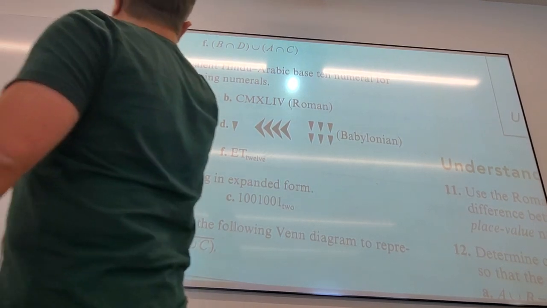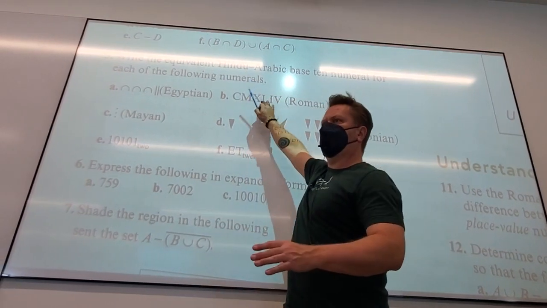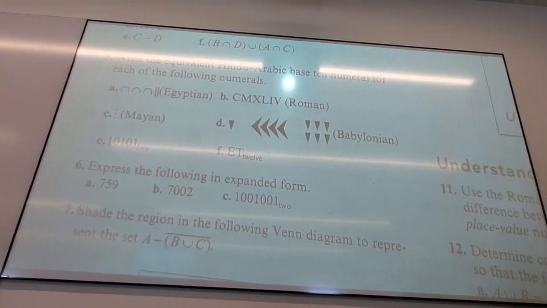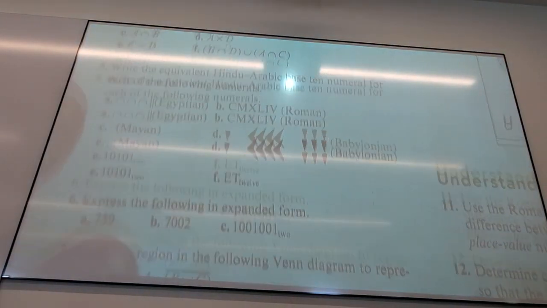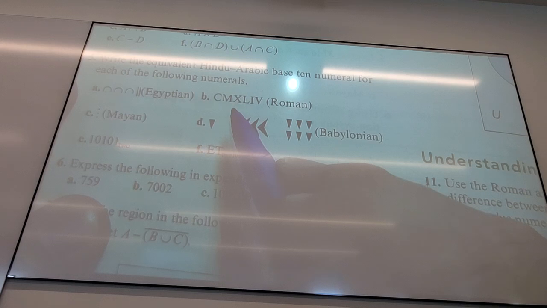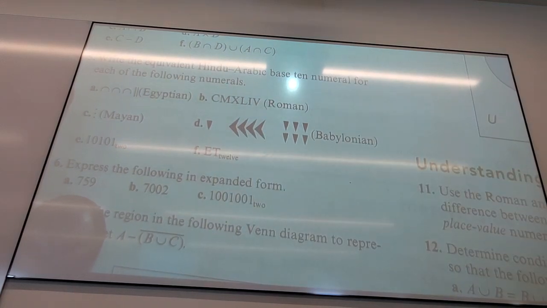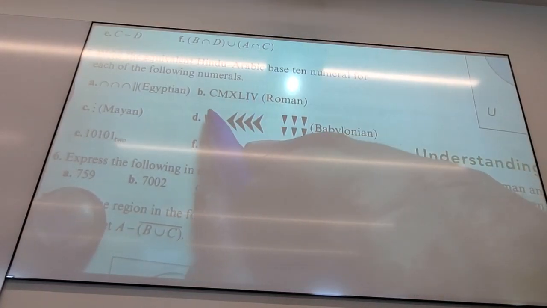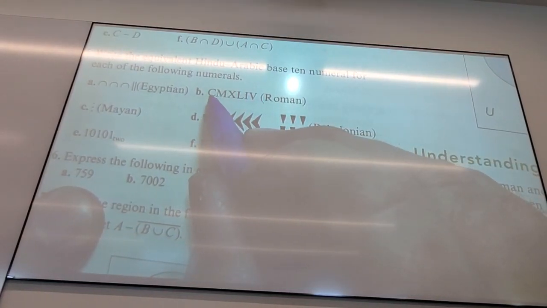What about this Roman thing? What is it you look for at first? The first digit. This is my book, so I can write all in it. First look for a pair where the first one is smaller. So what about CM? Is that first one smaller?